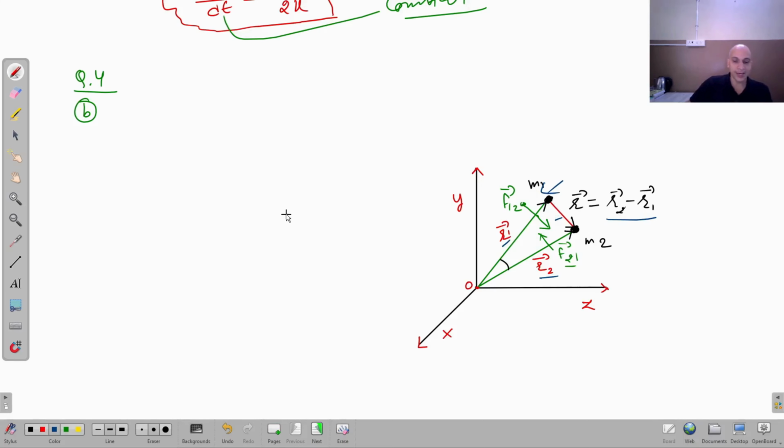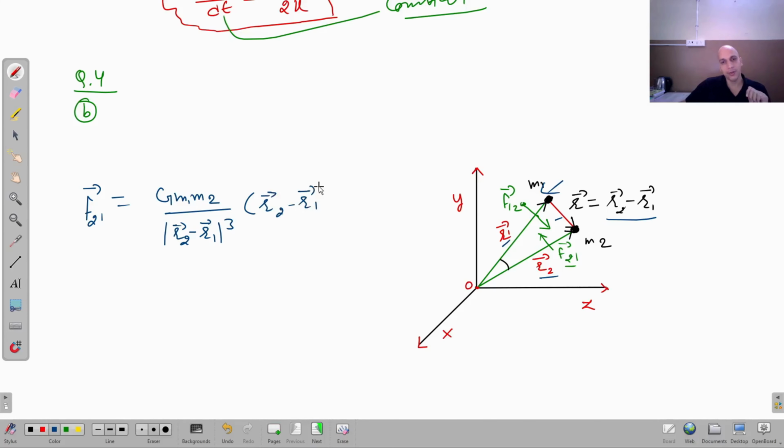Now if I write down the gravitational law, then the gravitational force on body 2 due to body 1, F21, we know very well is G m1 m2 upon r square, or we can write r cube, that is, magnitude of r2 minus r1 cubed into the vector r2 minus r1.